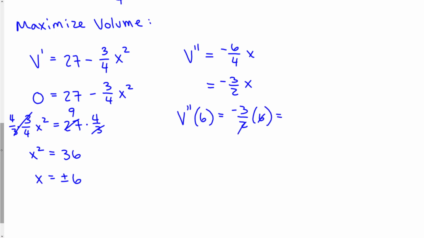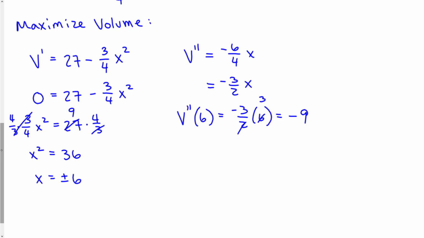We end up with negative 9. On an interval that, well, if my second derivative is negative, that means I'm on an interval that is concave down. And an interval that's concave down, if we come across a critical number, it's got to be a maximum. So this point of 6 will maximize volume.